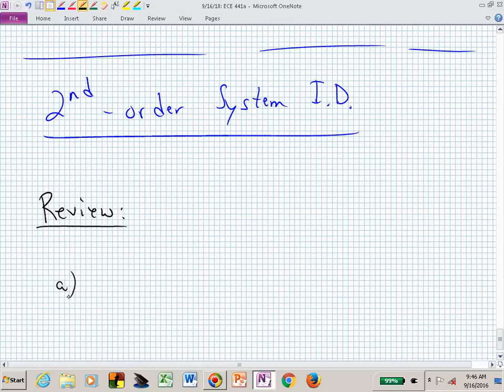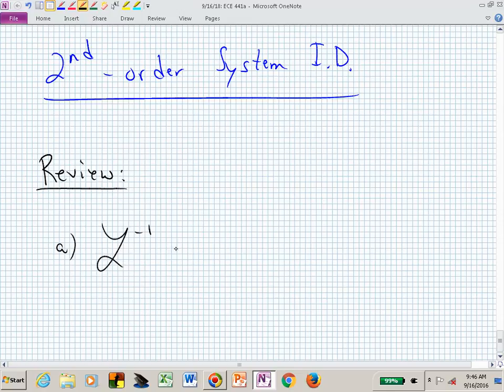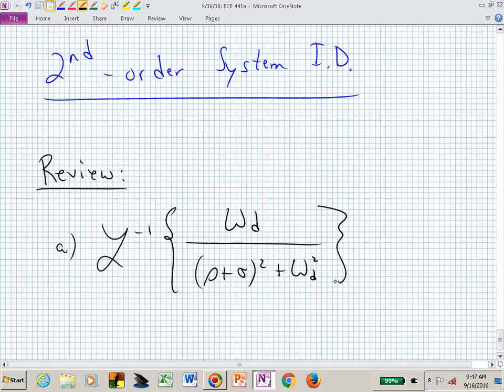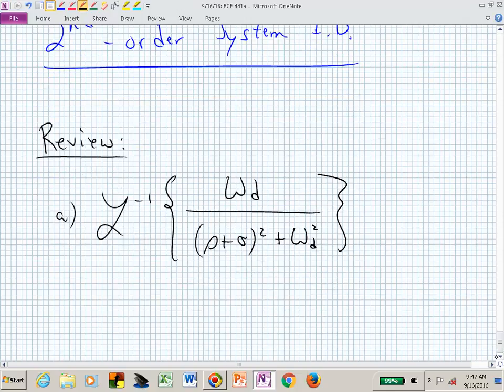What if I now said, can you inverse Laplace transform the following? First, let me correct that curly bracket. Omega d over s plus sigma squared plus omega sub d squared, where this whole thing we could say is y sub a of s. And we want to know, what is that?